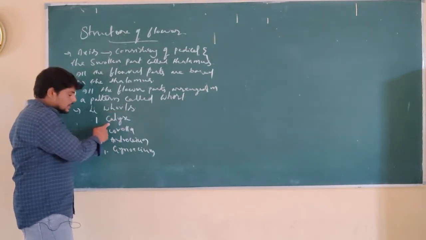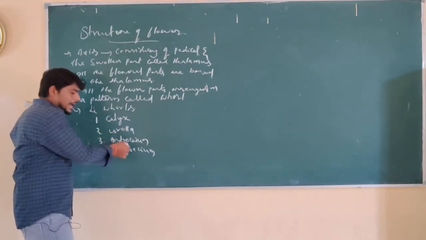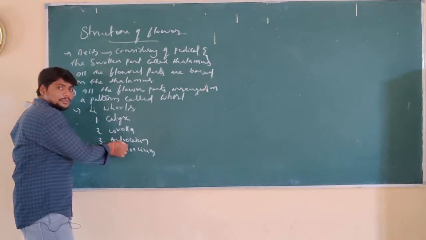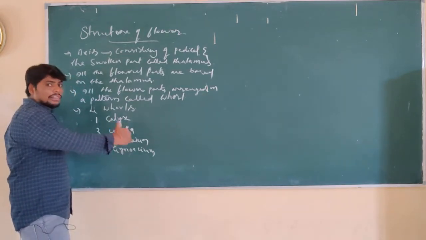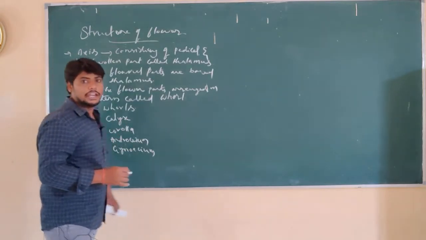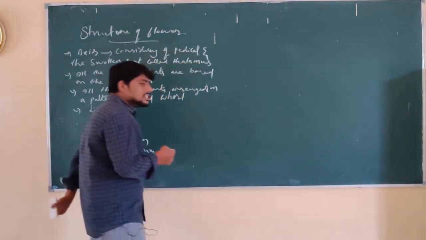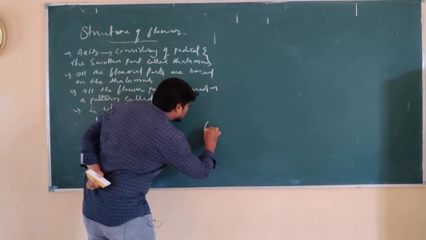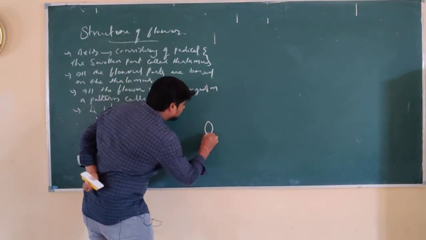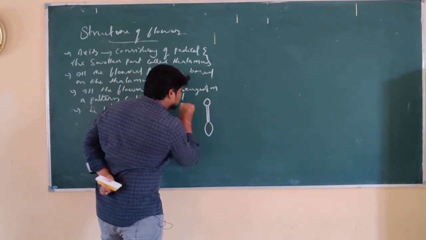Androecium is also called the male reproductive part, and gynoecium is called the female reproductive organ. So these floral parts are arranged in four layers or four circles. All the floral parts are based on the swollen part which we call the thalamus.